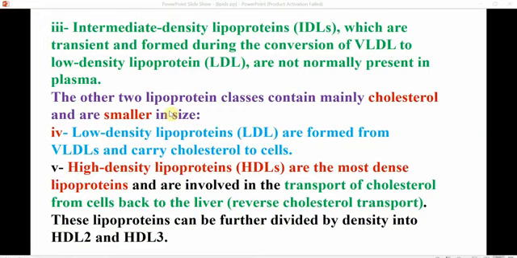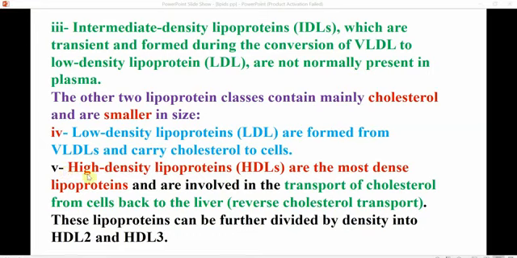The other 3 types are mostly cholesterol rich and characterized by being smaller in size, and include the low density lipoproteins. These are usually derived from very low density lipoprotein, are mostly composed of cholesterol, and act to carry cholesterol from the liver to the peripheral tissues.